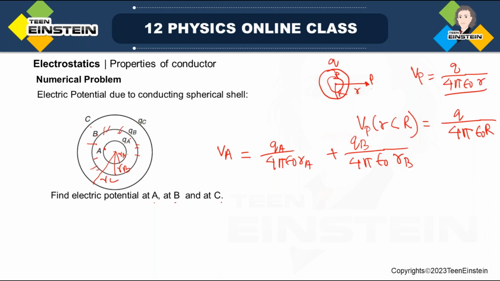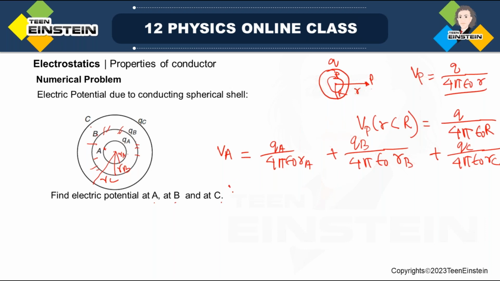Why? Because the potential due to this cell with charge QB will be exactly equal to the potential on its surface, because this A point is inner point to this cell. Similarly, due to the cell having charge QC, it will produce electric potential at A as inner point, that is QC by 4 pi epsilon naught RC here. Okay.